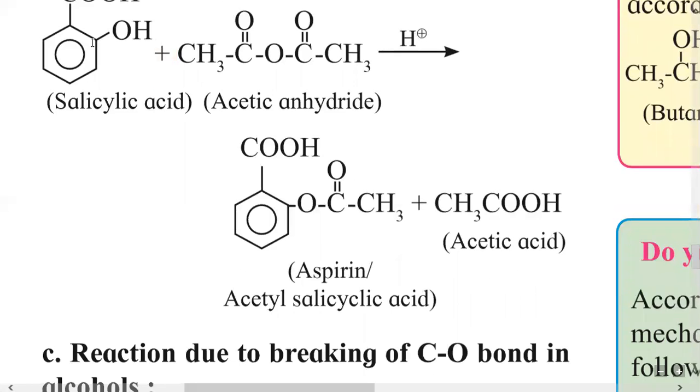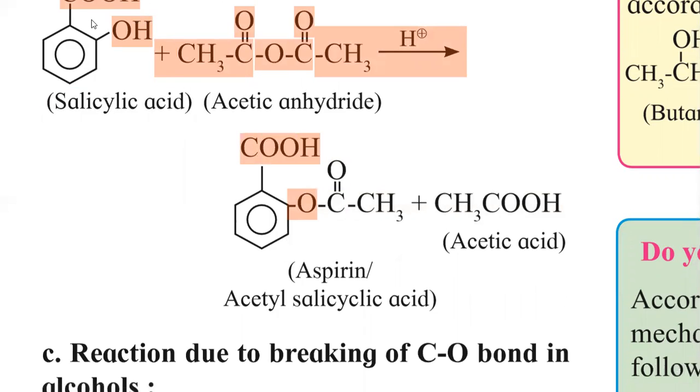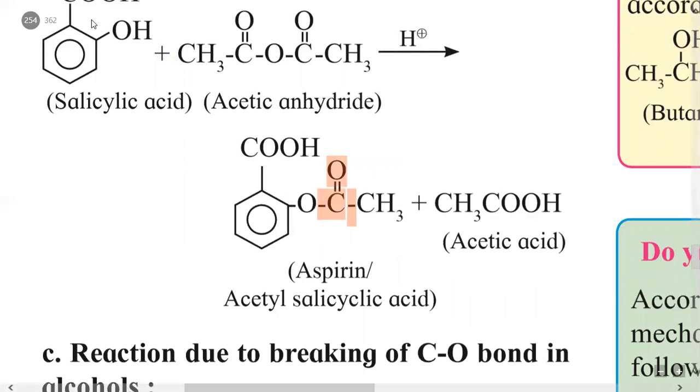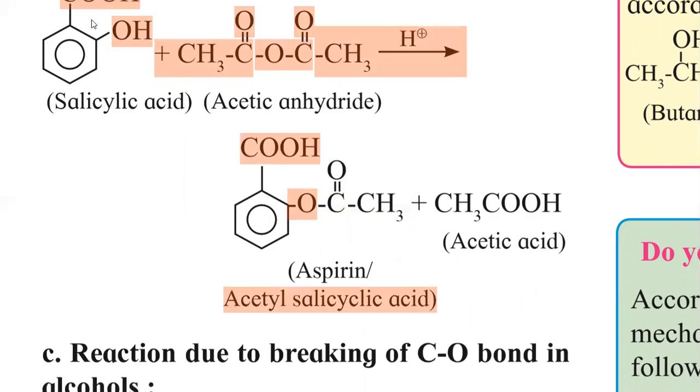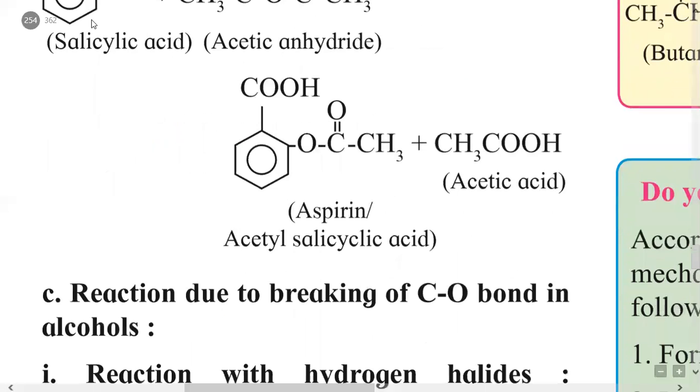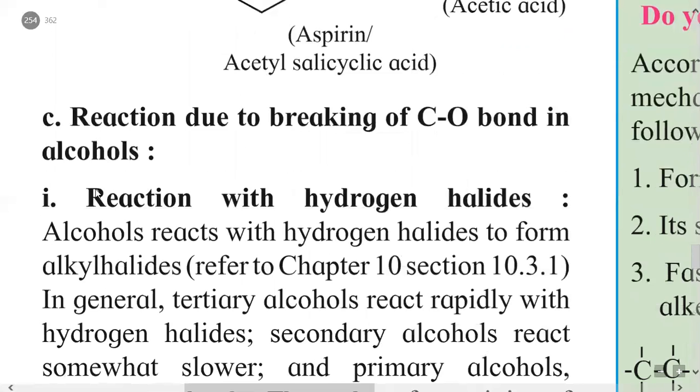Then the hydrogen atom of the phenolic OH group is replaced by COCH3, that is the acetyl group. The product obtained is acetylsalicylic acid, commonly called aspirin, and this is a generic medicine. Along with this, acetic acid is the side product formed in this reaction.